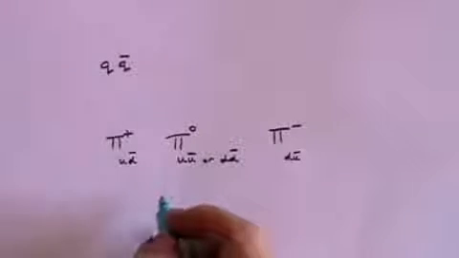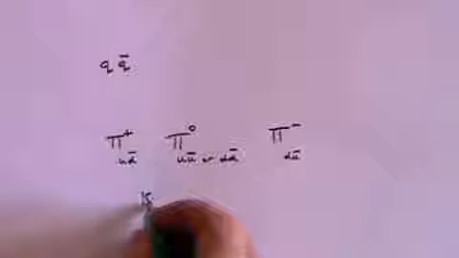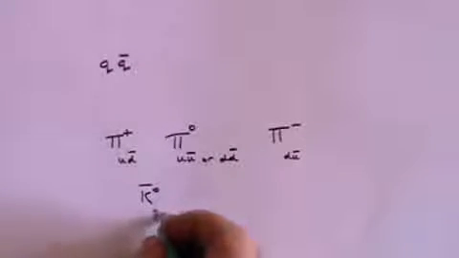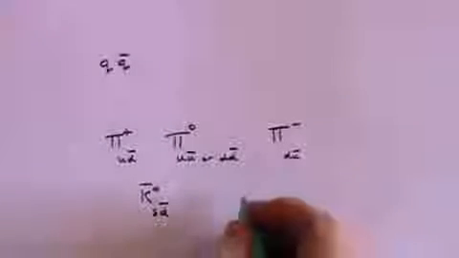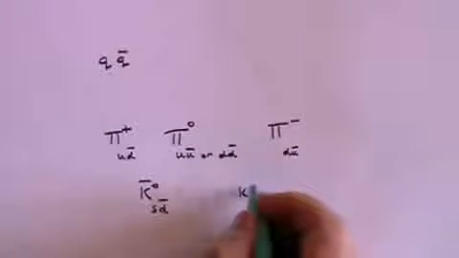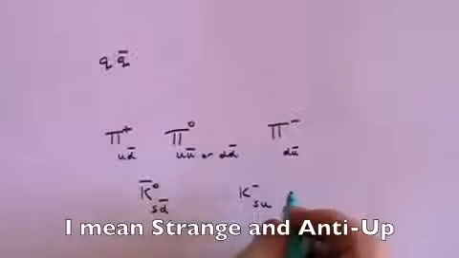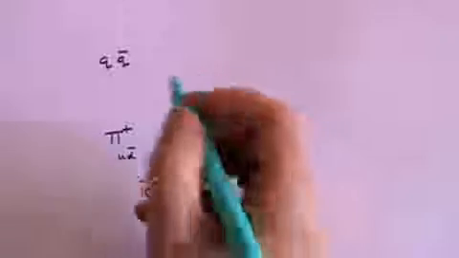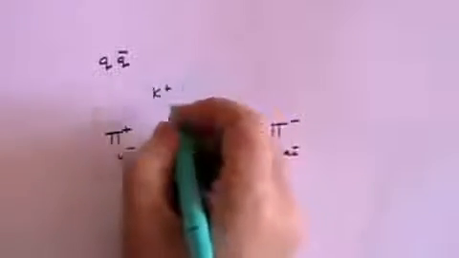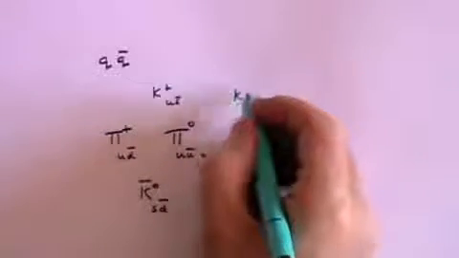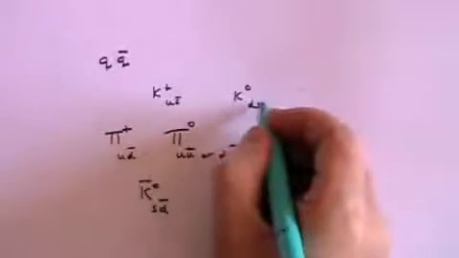Then there are K mesons. The K anti-0 is a strange anti-down. The K minus is a strange up. The K plus is an up anti-strange, and the K 0 is down anti-strange.